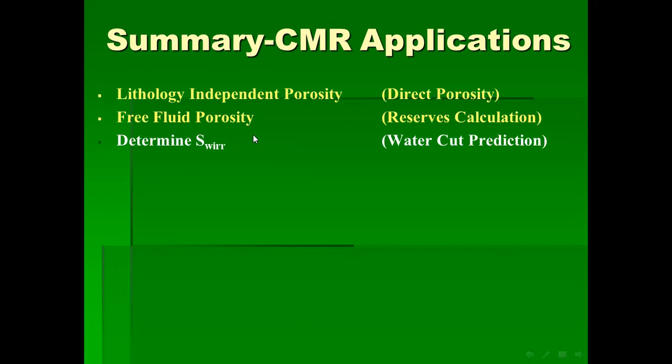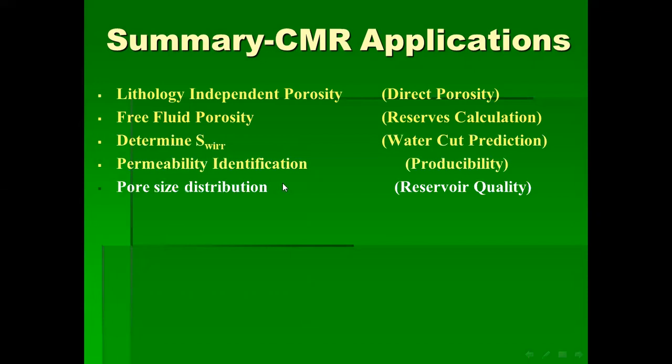The third use is determination of irreducible water saturation, and this is used in the prediction of water cut values. The fourth use is in the identification of permeability, and this is used for the evaluation of producibility of the reservoir. The fifth use is for obtaining pore size distribution, and this is to evaluate the reservoir quality.